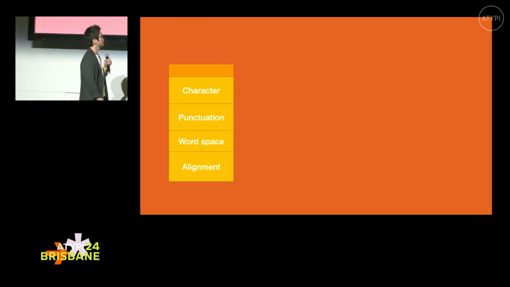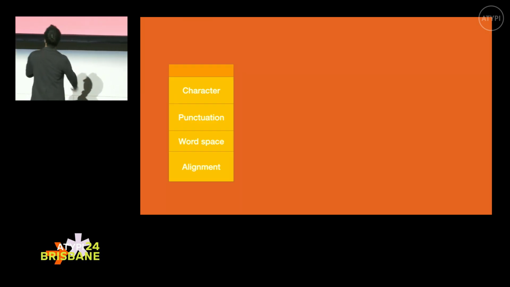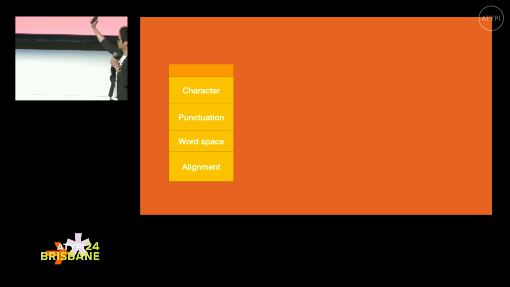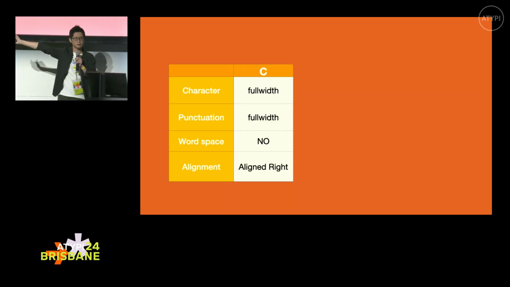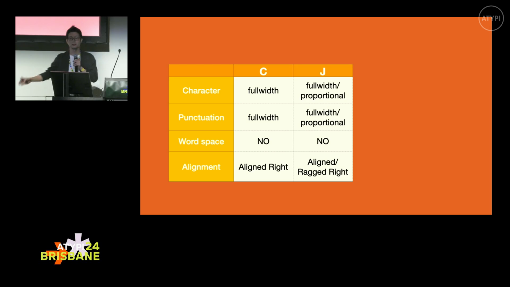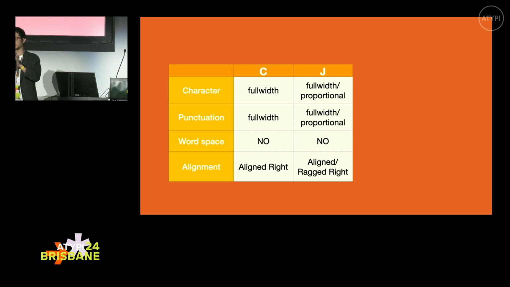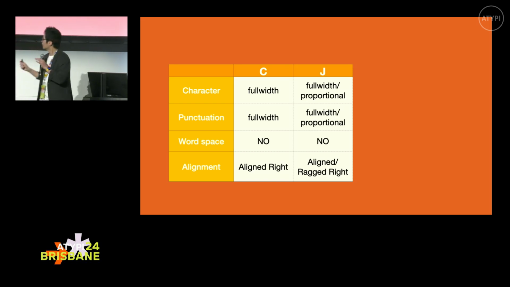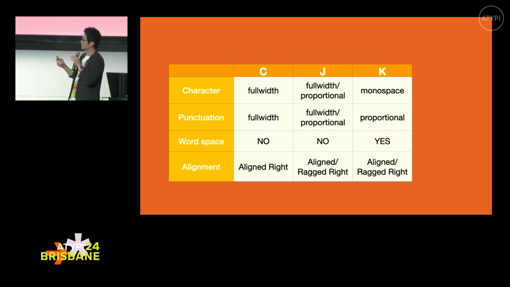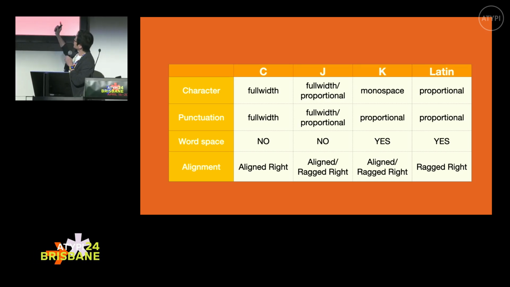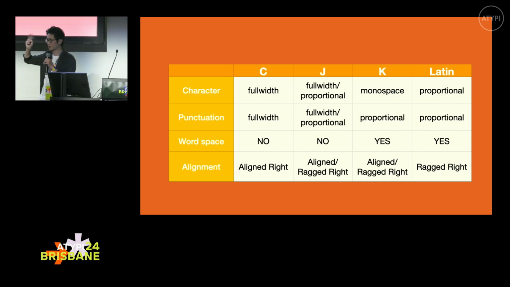So putting everything together, we have characters, punctuation, word space, and alignment, and you can see that C, J, and K are so different. So when we do typography and typesetting, there will be quite different design decisions. Of course, you can see the Korean one is the most flexible.